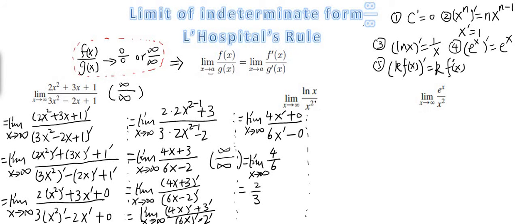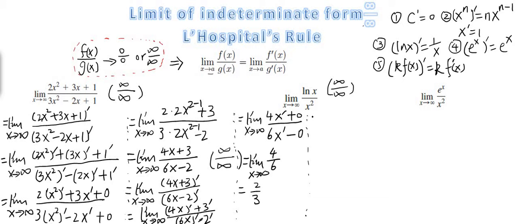Okay, now let's take a look at the second example. Still, we're gonna check the rational expression. When x approaches infinity, the numerator, we can easily find that it is infinity, and for the denominator, it's infinity.